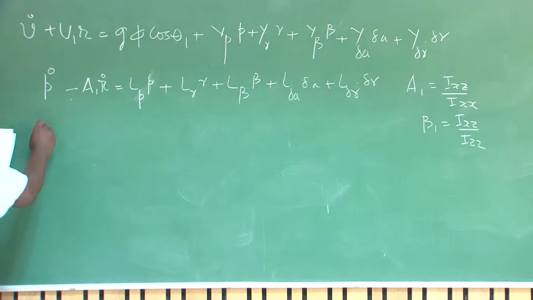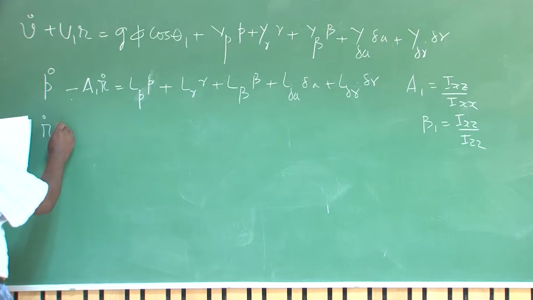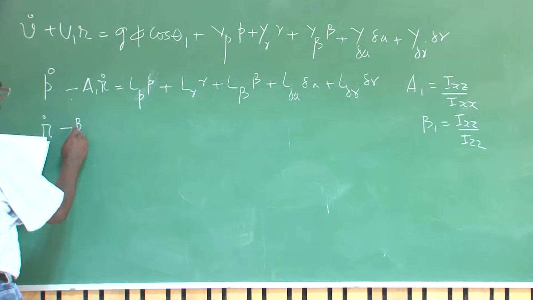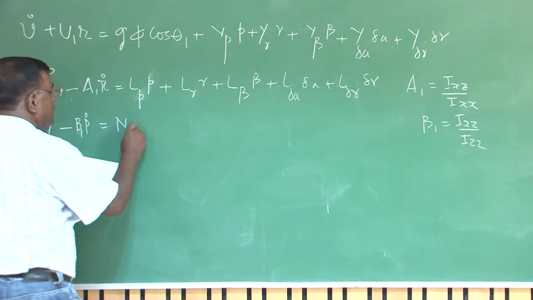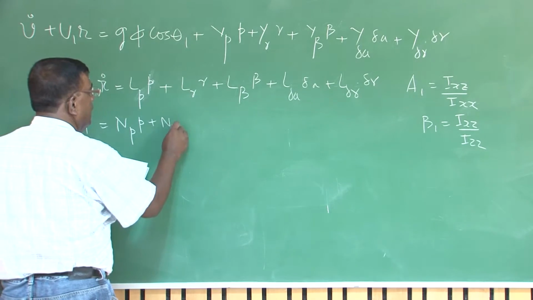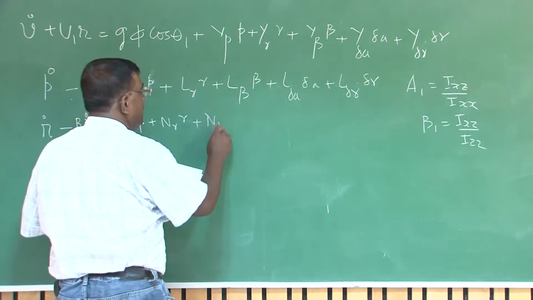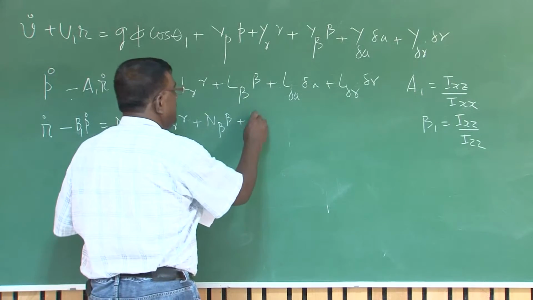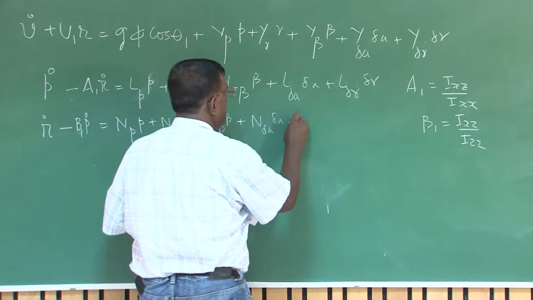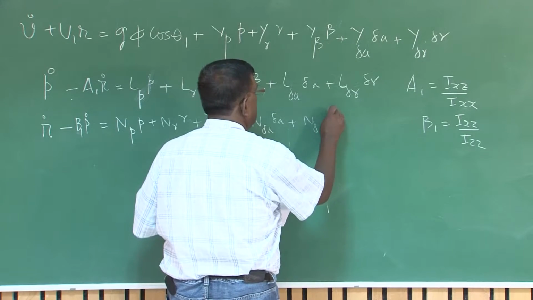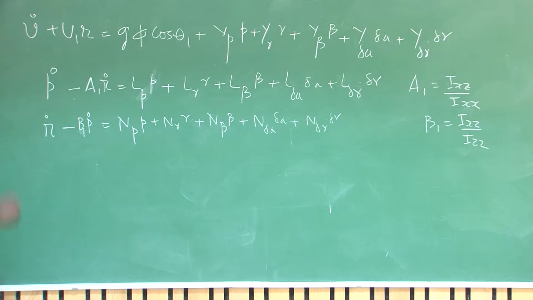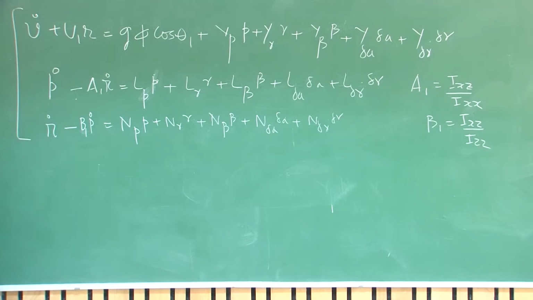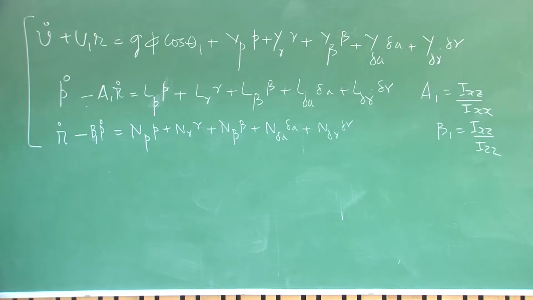And the third equation, we will get r dot minus b1 p dot is equal to Np into p plus Nr into r plus N beta into beta plus N delta a into delta a plus N delta r into delta r. You will get these three equations, and this will represent the short period equation of motion for lateral dynamic case.